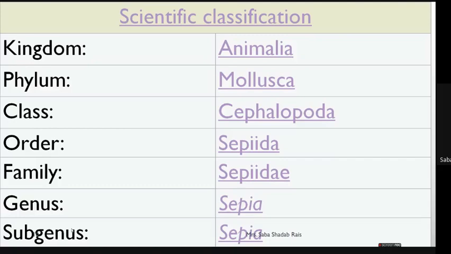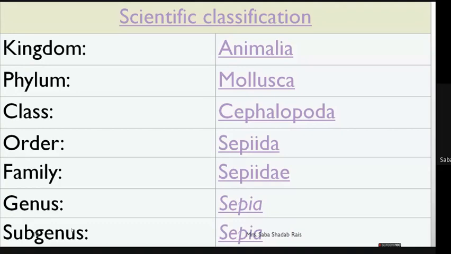The first is Monera, then Protista, then the special kingdom for fungi, then plants, and Animalia. Previously the first phylum Protozoa was added in Animalia, but now the kingdom Animalia starts with the Porifera. Then it has various phyla.